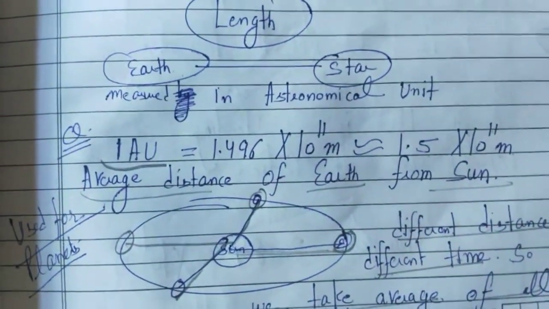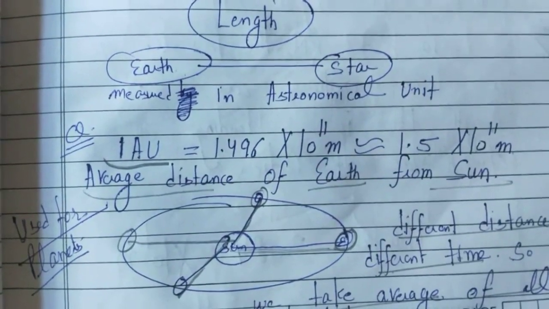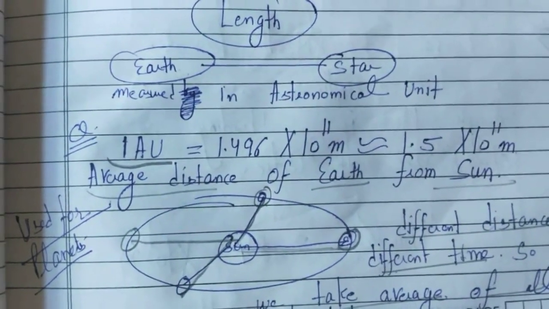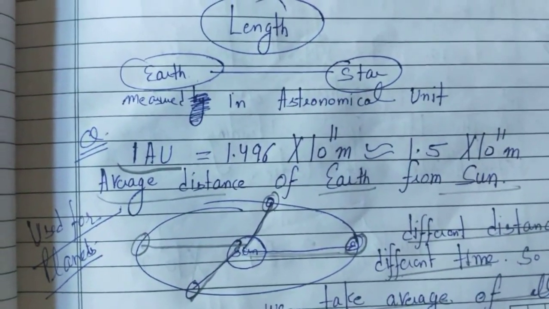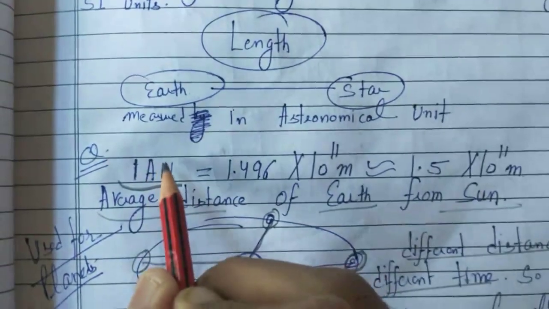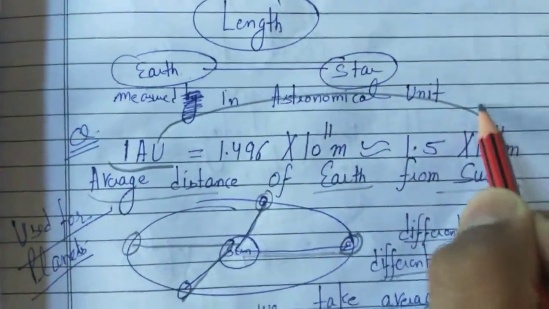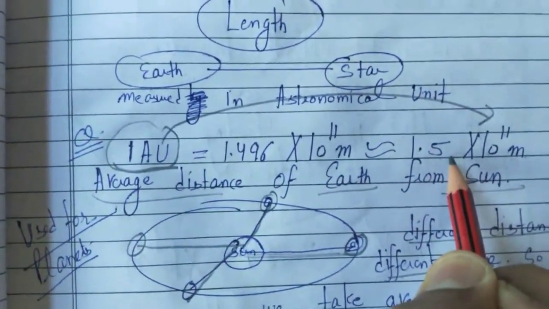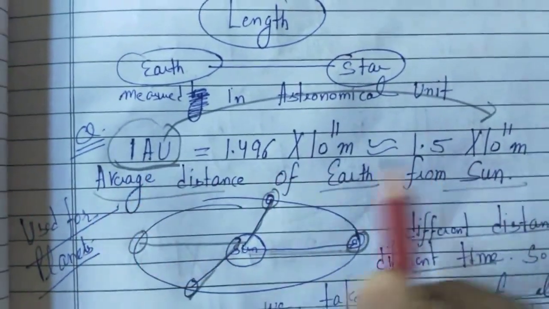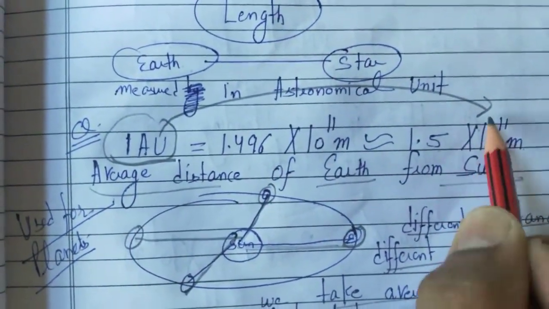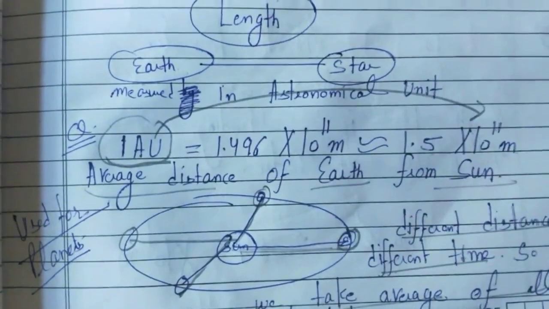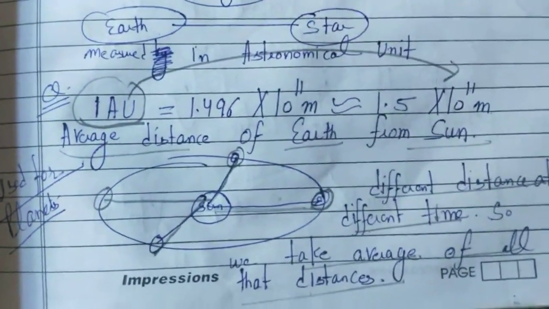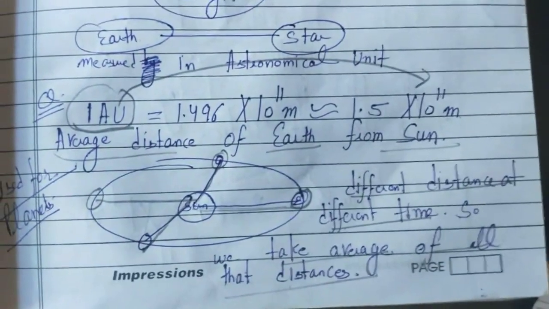So the average distance of Earth from the Sun is measured in astronomical units, and it is related to the SI system as one astronomical unit equals 1.5 into 10 to the power 11 meter. So the astronomical unit is used in the case of planets.